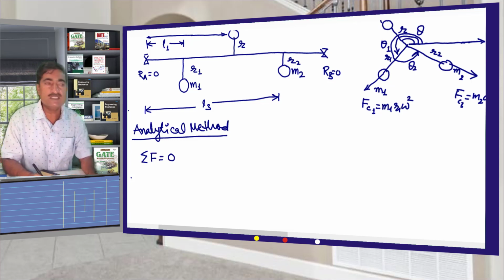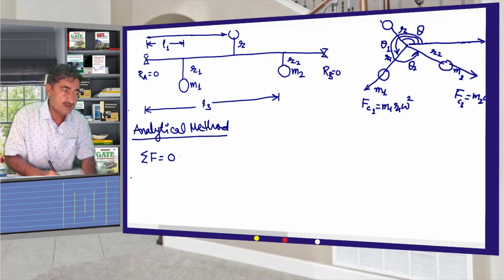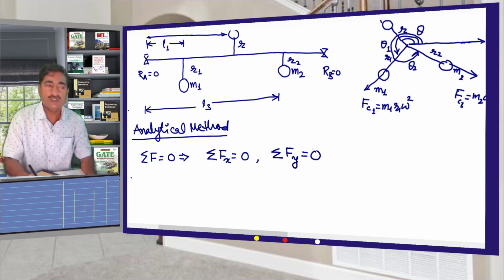The forces have two components in x direction, means resultant forces in x direction should be equal to 0 and summation Fy should be equal to 0.